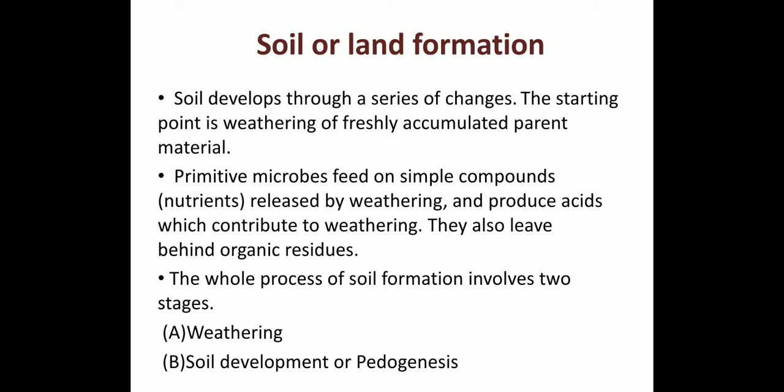Soil develops through a series of changes. The starting point is weathering of freshly accumulated parent material. Primitive microbes feed on simple compounds and nutrients released by weathering and produce acids which contribute to weathering.